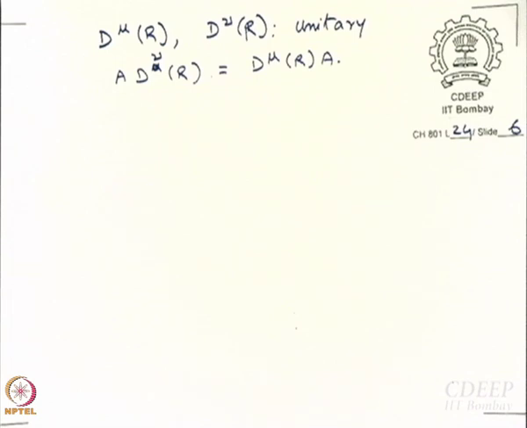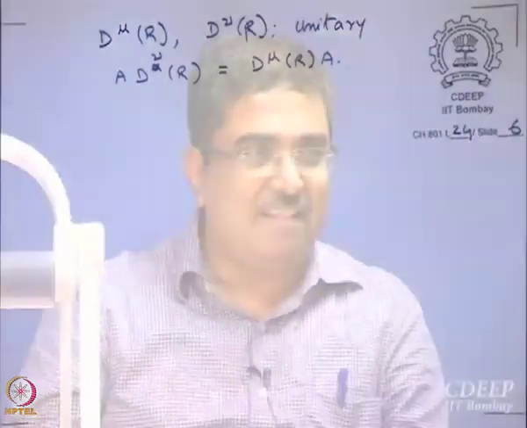If I want to take advantage of that, what should I do? Whenever you have matrices, you somehow want to get to the inverse, right? Because matrix multiplied by inverse is in any case E. And in case of a unitary matrix, what is the inverse?